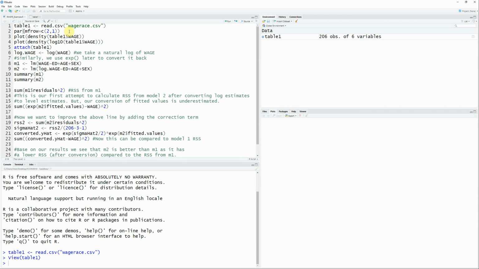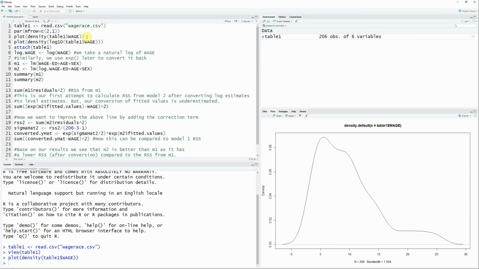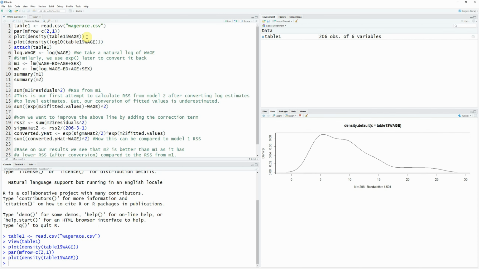So we read our data set, and here we are setting up some parameters to show two plots in the same window. First we want to look at the density of wage. This is what we looked at before. I forgot to run the line, so I run it again.